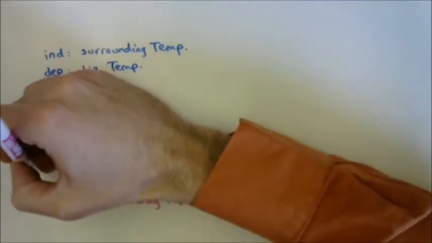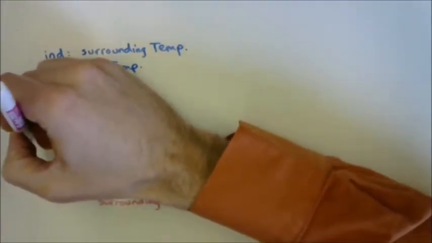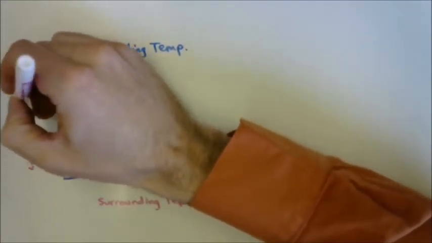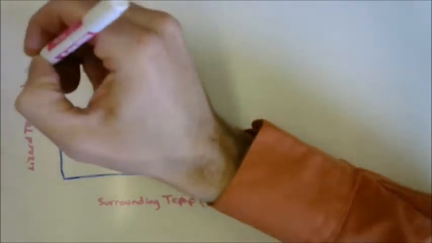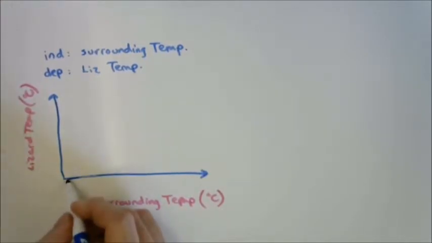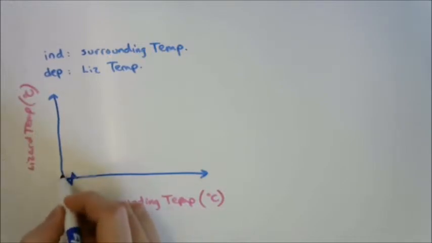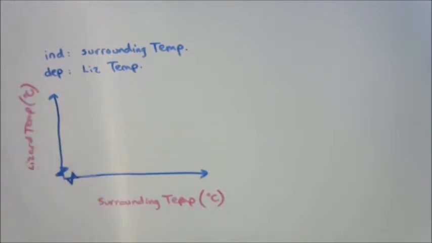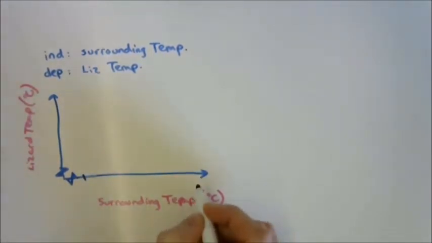And over here we have lizard temp, which is also measured in degrees Celsius. Okay. Are we going to start at 0 with our data, or are we going to use a broken axis? Okay, so let's break them. And what's the lowest value that we have for surrounding temperature? It's going to go here.